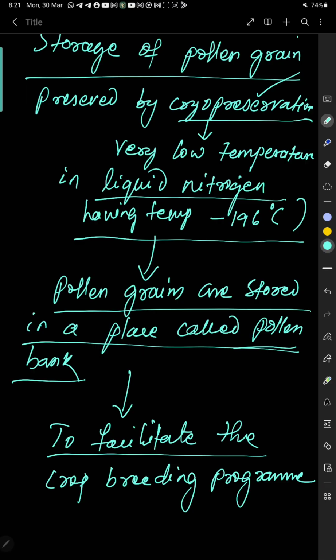Like seed bank आपने सुना होगा, उसी तरह ये pollen bank है. ठीक है, तो आज के लिए बस इतना ही.